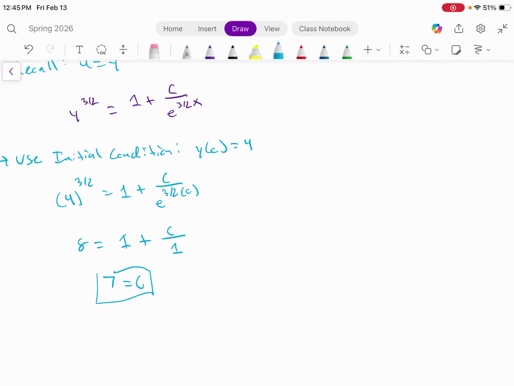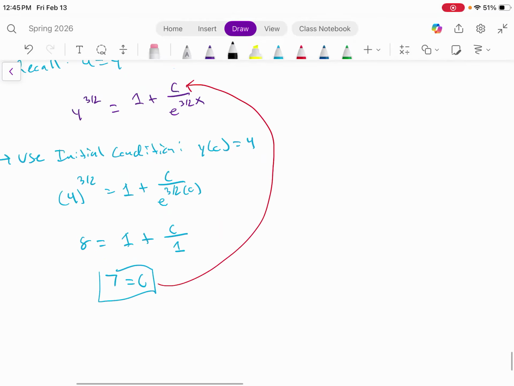So we take this 7, plug it back into c, and so we get y to the 3 halves equals 1 plus 7 over e to the 3 halves times x.